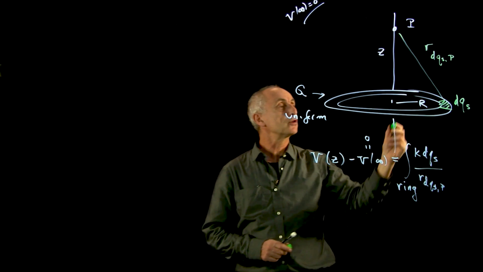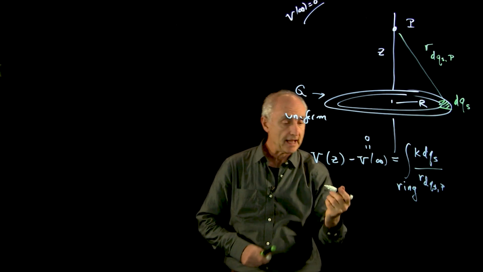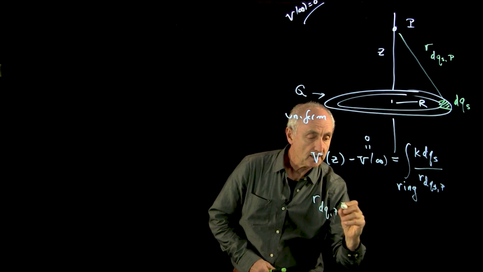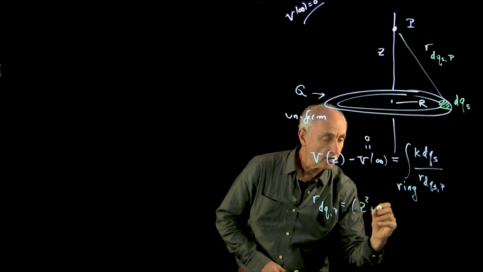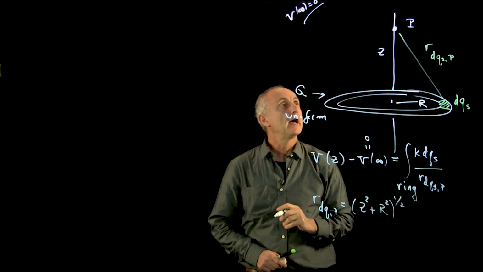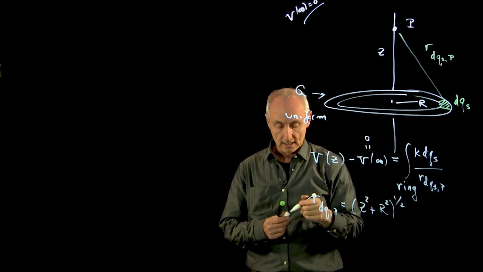And in the geometry of this problem, we can see immediately, without anything special, that this distance is equal to (z squared plus r squared) to the 1/2. And now that's going to produce a potential function.